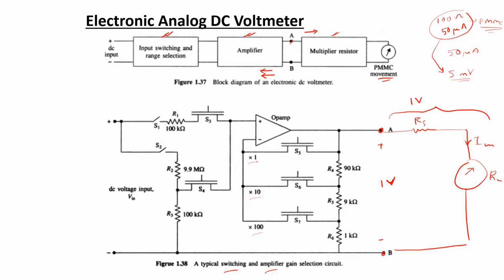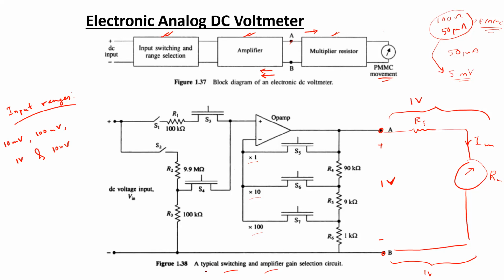For the basic DC voltmeter arrangement, we have considered that it is tuned for a 1 volt range, but using the input switching and range selection circuit implemented over here, input ranges of 10 millivolts, 100 millivolts, 1 volt and 100 volts can be obtained.